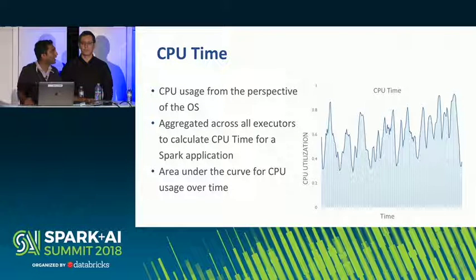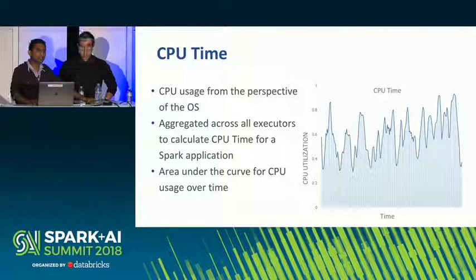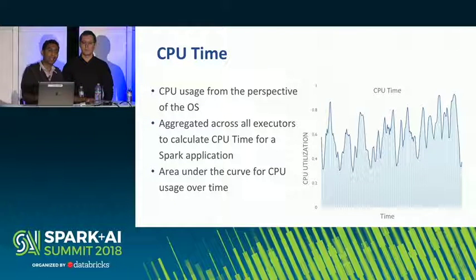You can also see some dips in the graph, and the dips might correspond to the time where your process is spending time doing some I/O. And for a Spark job, because the job can spawn multiple executors, the CPU time of a Spark job is just the aggregated CPU time across all the executors.